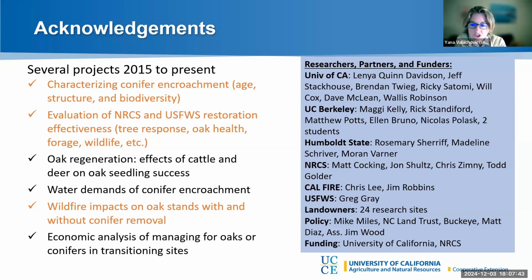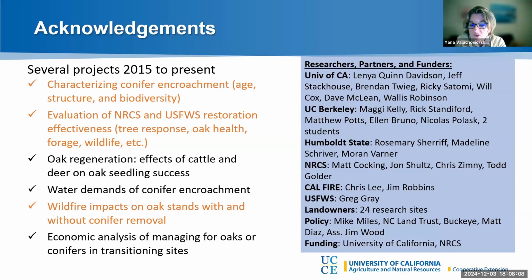We have a new project that's looking at water demands of conifer encroachment. What's the ecosystem consequence of having all this densification? What happens when you make these sites more moist because there's so much more overstory? We won't talk about that tonight, but I just want to give you a teaser that it's out there. Then we were fortunate to have an opportunity in kind of tragedy.